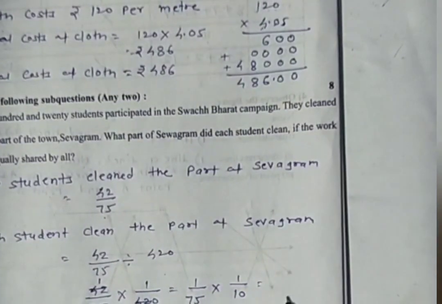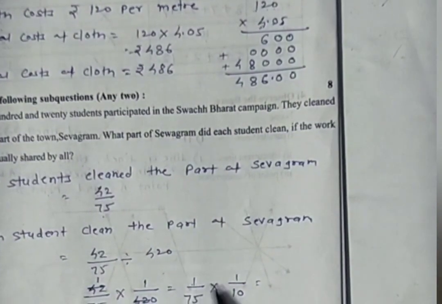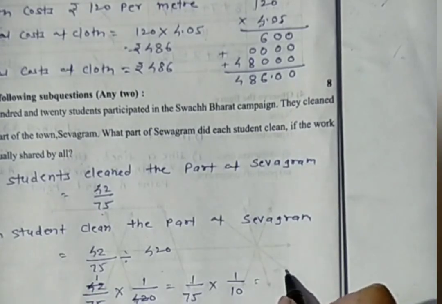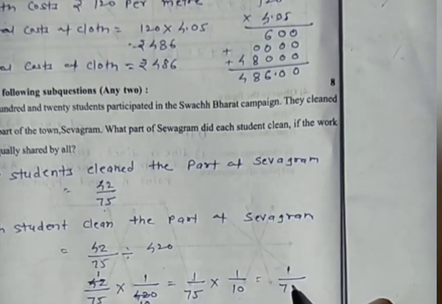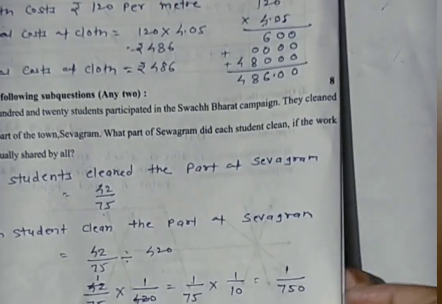Multiplication of fractions is numerator by numerator: 1 multiplied by 1 is 1, and 75 multiplied by 10 is 750.